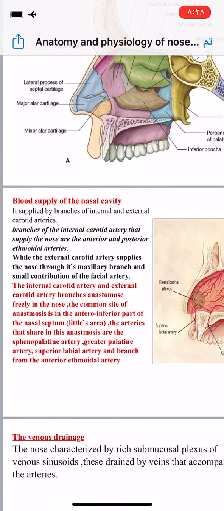The blood supply of the nasal cavity. It is supplied by branches from internal and external arteries.